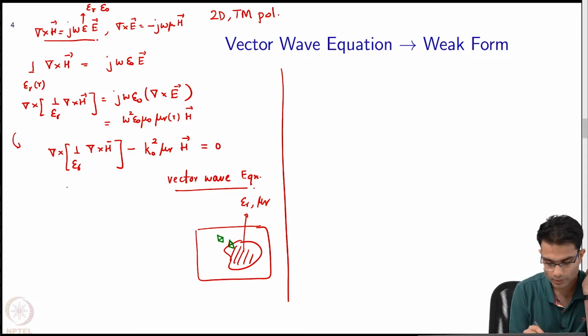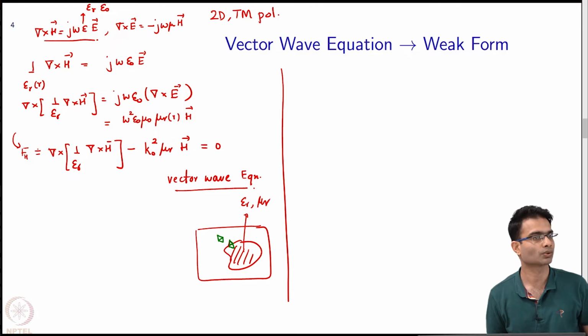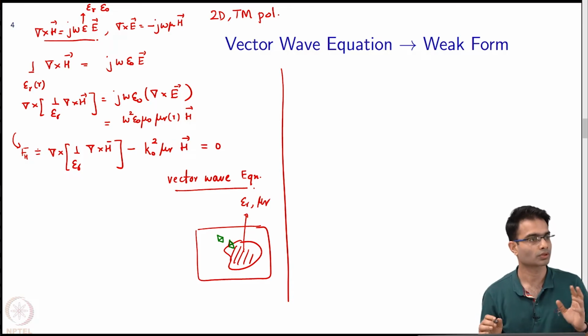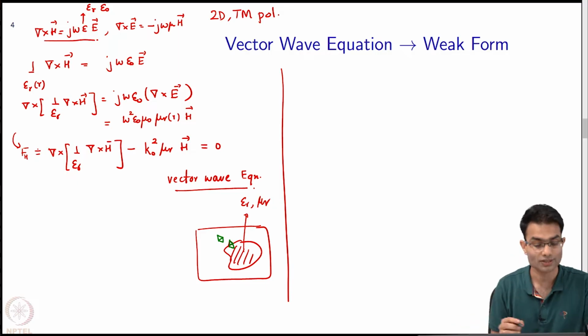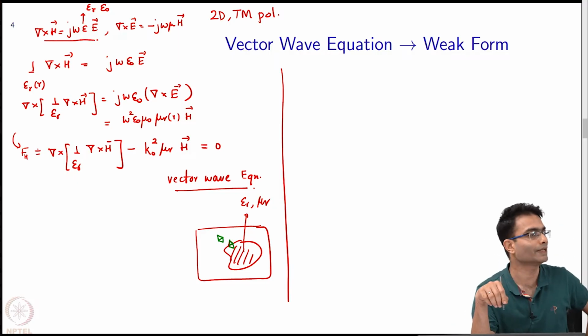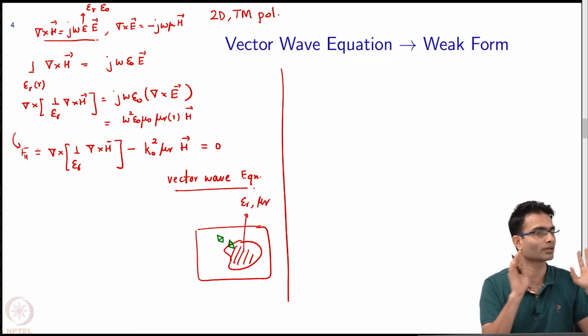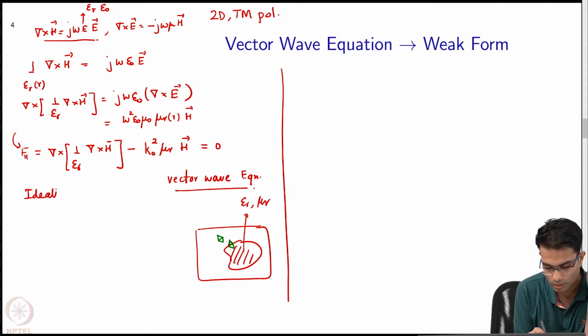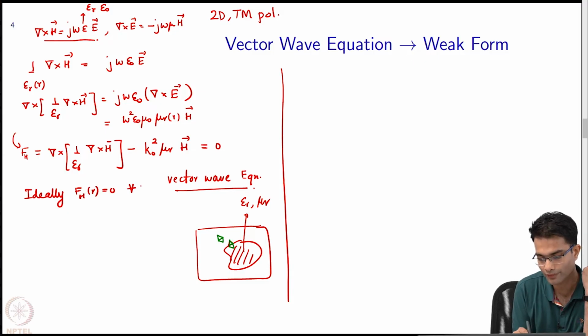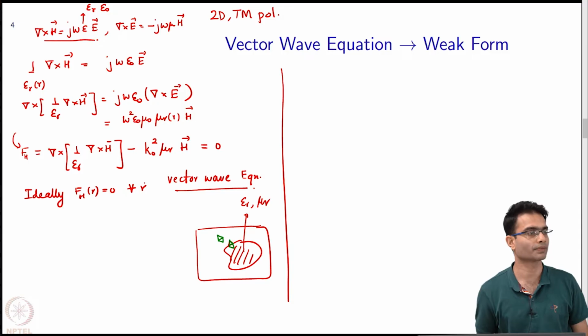Let us call this whole expression f of H. So, the wave equation is f of H equal to 0. That is the term we used in 1D, the residual: when I took everything onto one side, I called it the residual. In an ideal world, I want f of H of r equal to 0 for every r, which is the solution to the wave equation.